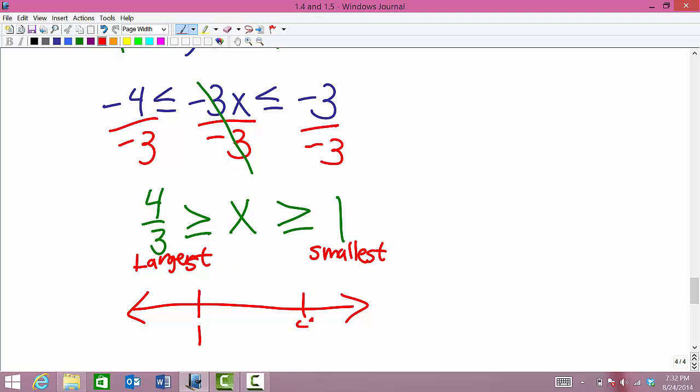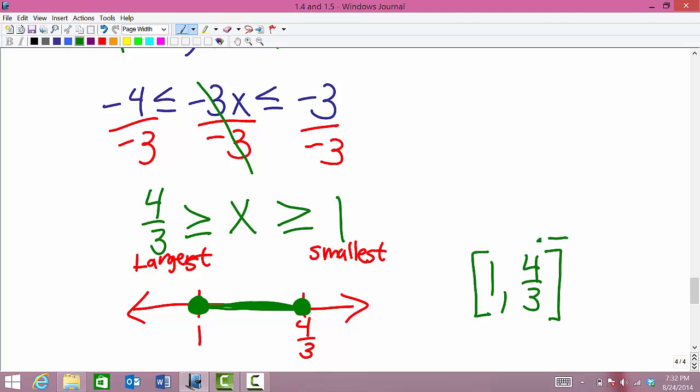So when we go to graph them, we will put the smallest on the left, largest on the right, and in this case they both have equal signs on them, so they both have closed circles, and x is in between, so we shade everything in between those two boundary points. So our interval notation will be smallest on the left, largest on the right, closed brackets on both because they both had closed circles.